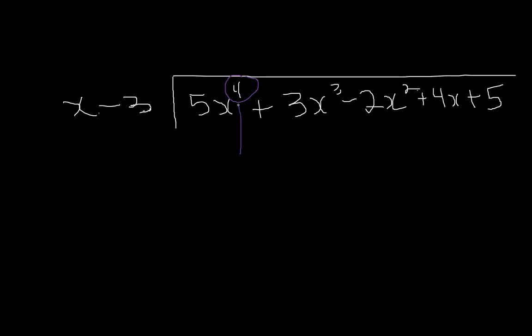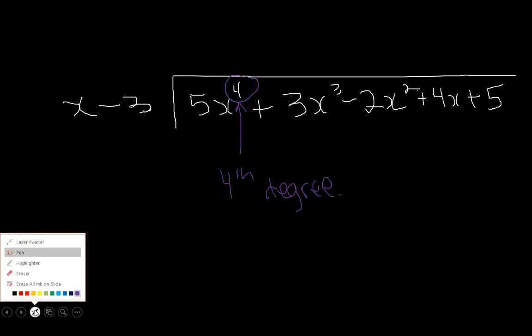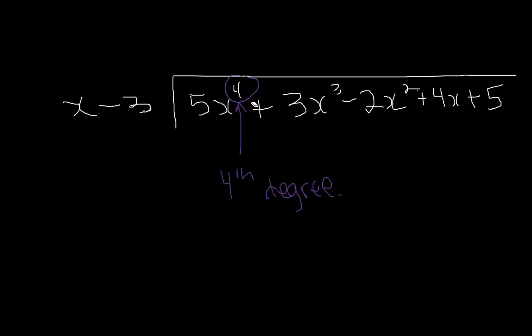That's why I would say this polynomial is of the fourth degree, because my highest power is 4, right? So that's what I mean by fourth degree. And that's what you will see on the syllabus objectives. You're required to know how to divide polynomials of the fourth degree. That's what they mean by fourth degree. 4 is the highest power.